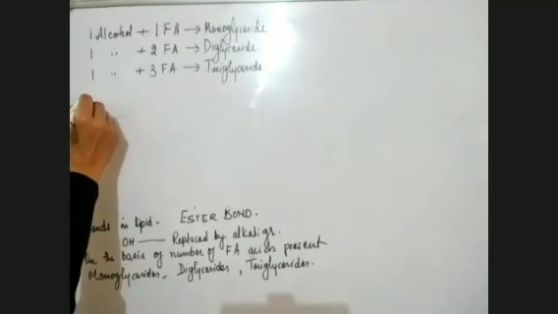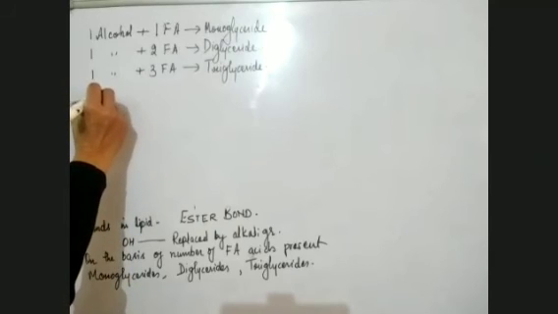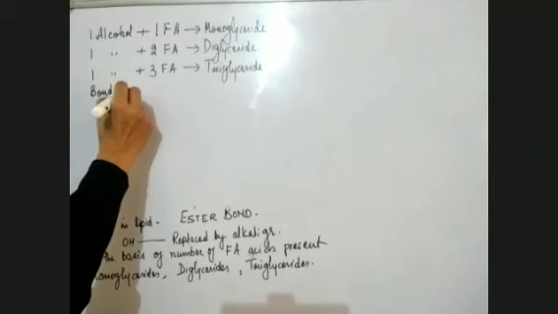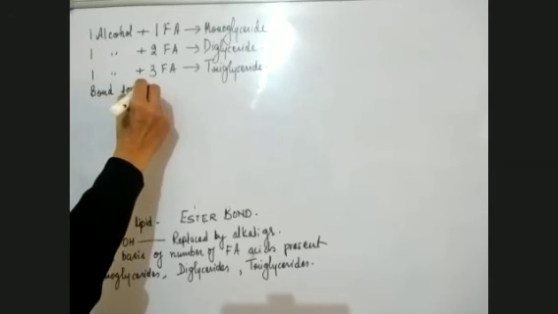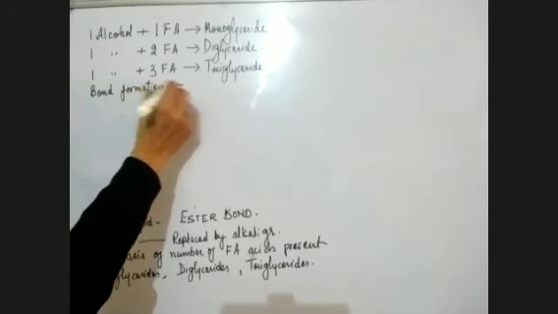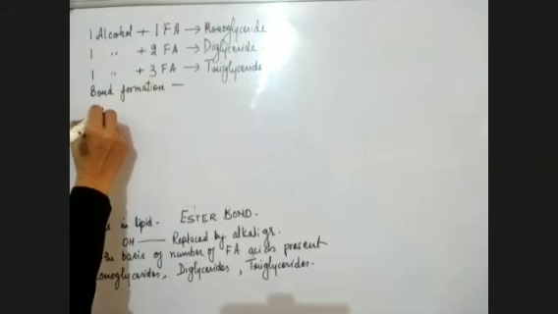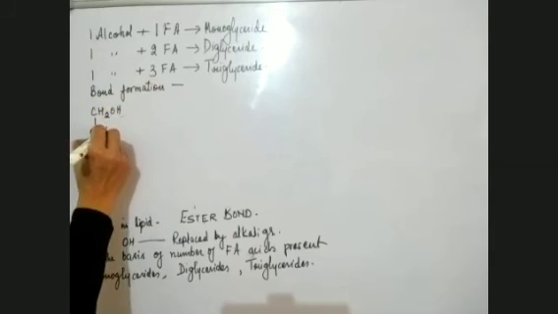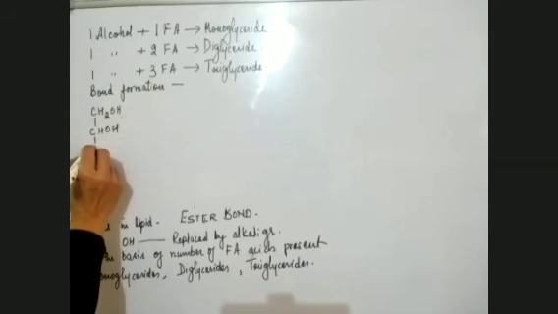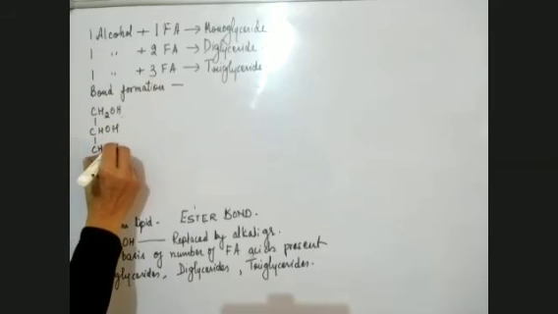Suppose we have this. Now, I'll explain bond formation. We have this alcohol: CH2OH, CHOH, CH2OH.